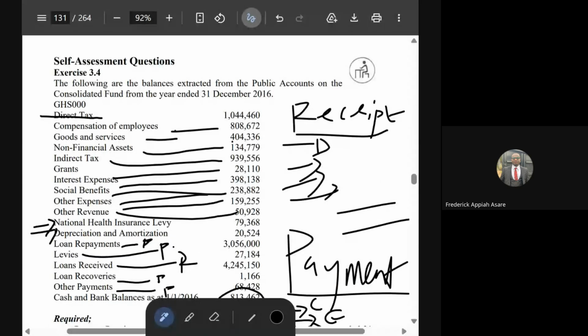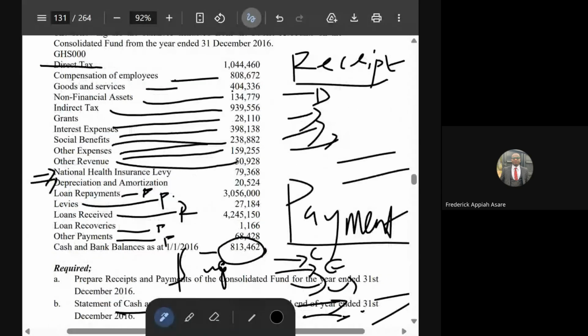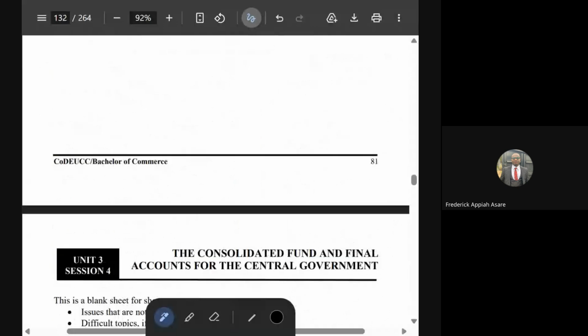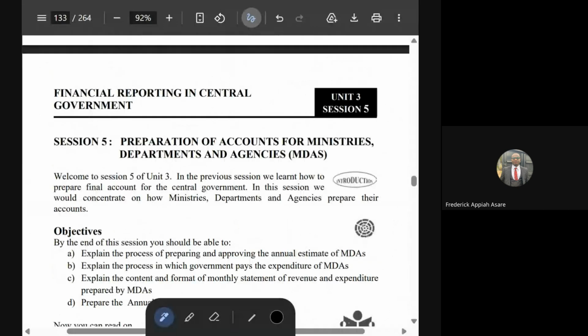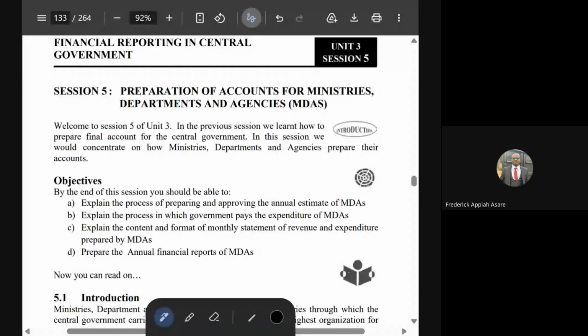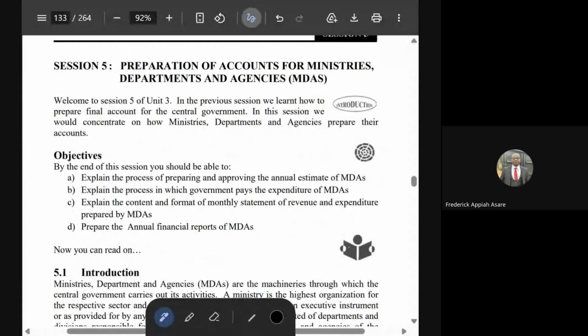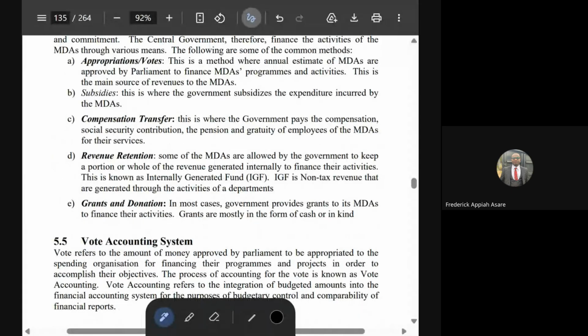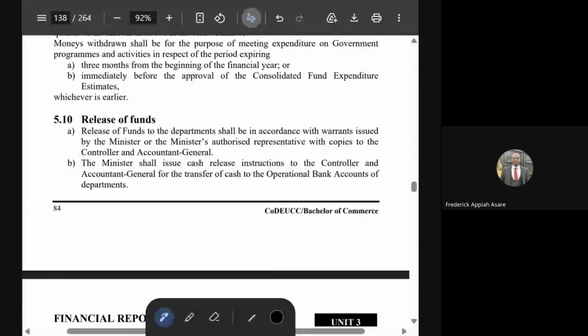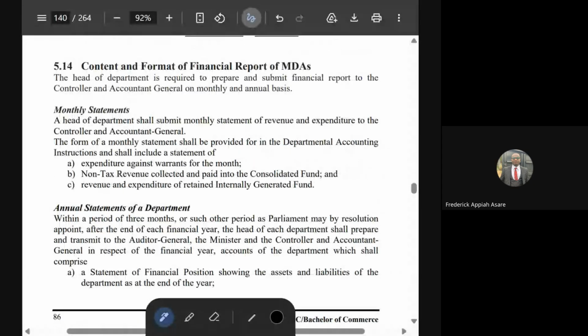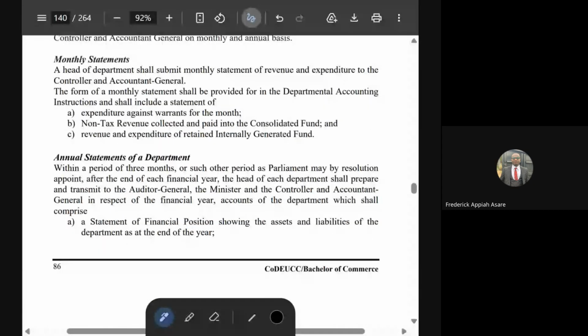On a full, empty sheet, we will start from scratch and solve this question, example 3.4. We will also talk about the accounts for the ministries, departments, and agencies, the MMDAs, and learn how to prepare their statements, the contents and the format of their report.